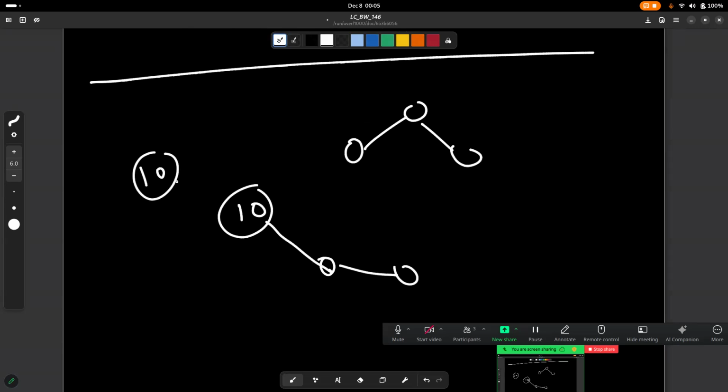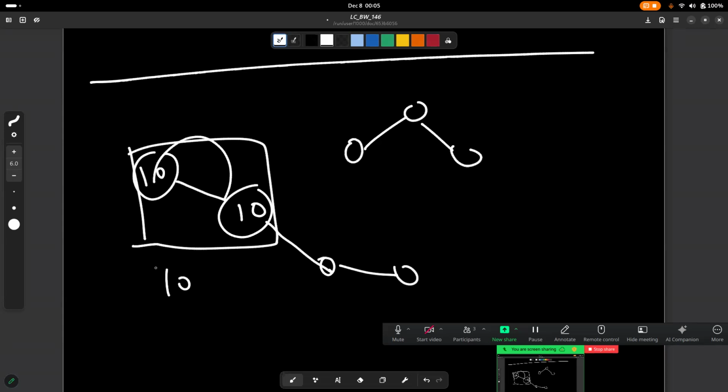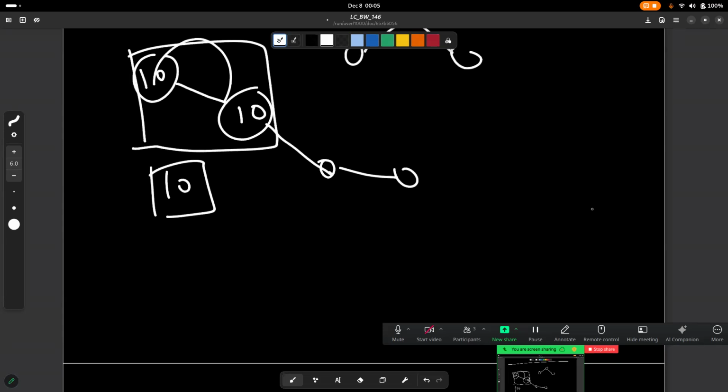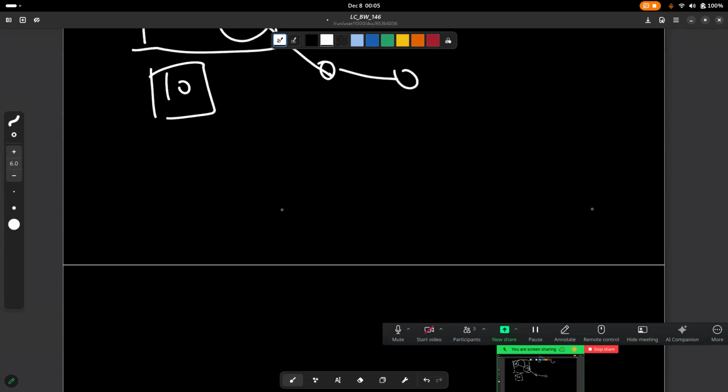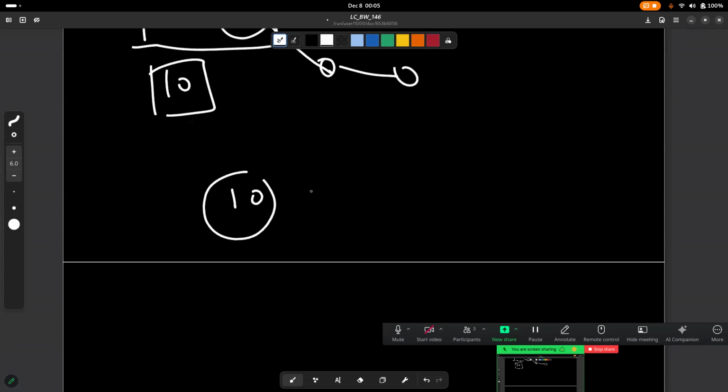What I can do is connect this 10 to this and just treat this whole thing as one big component, as one big 10 value. So for values of node less than or equal to threshold, even if you have duplicates, you can club all the 10s, connect them.